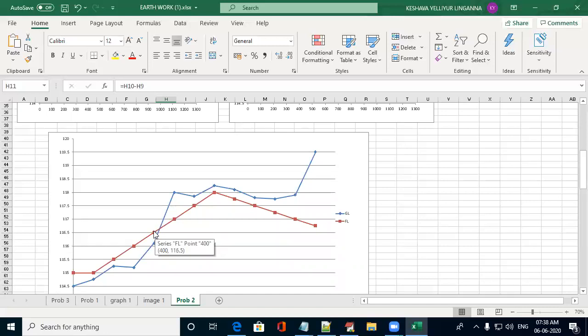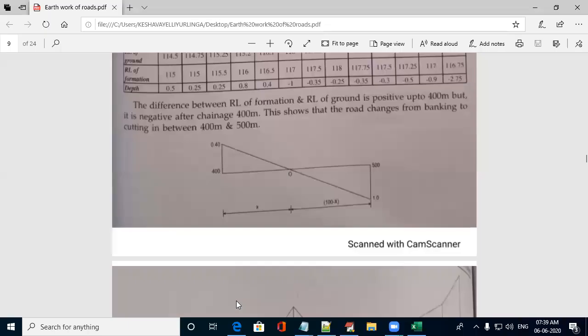From 400, this is the 400 point and this is the 500th point. There will be some distance after 400 and before 500 where the depth is 0. For that, see, at 400 the depth is 0.4, and at 500 it is 1.